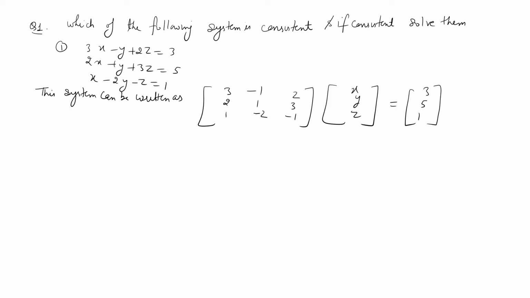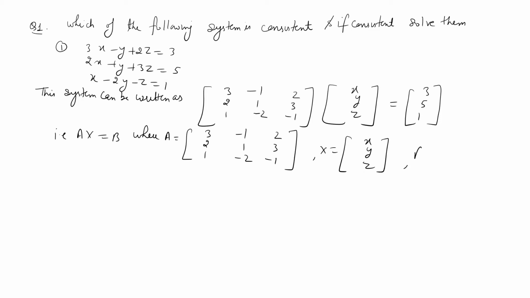So it is of the form AX = B, where A is the coefficient matrix with rows 3 -1 2, 2 1 3, and 1 -2 -1, X here is the variable matrix and B is the constant matrix.